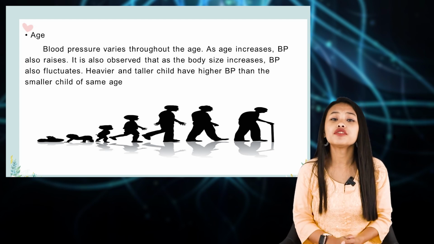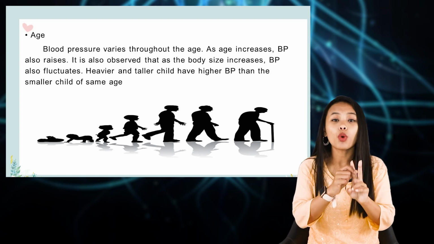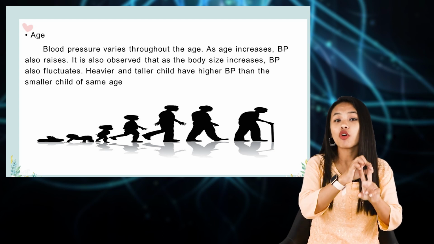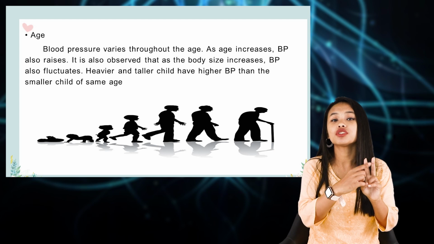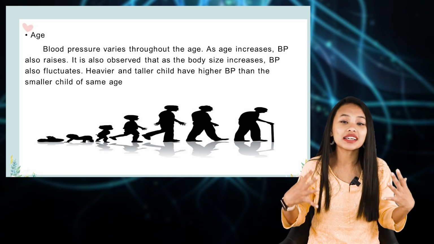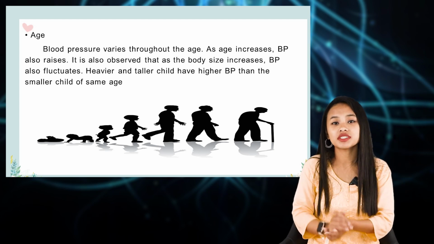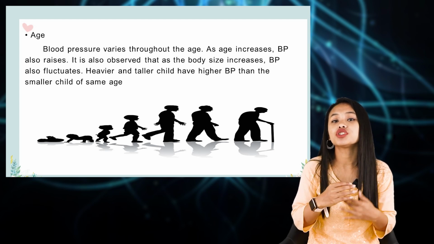And also here, if you compare two children of the same age, but one is heavier and taller, whereas the other one is smaller and shorter, then you will find that the blood pressure between the two will also not match. Why? Because their body size is different, right? So depending on the age and depending on their body size, the blood pressure of an individual can differ from one person to the other.